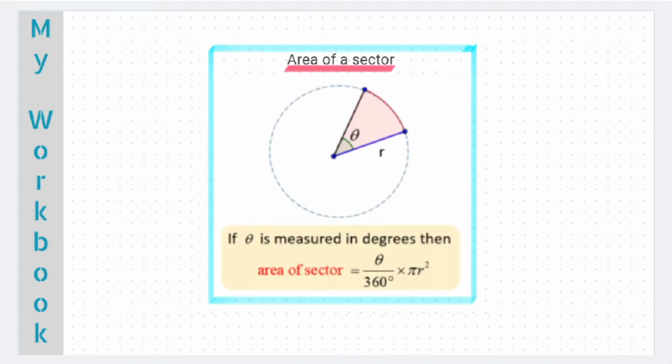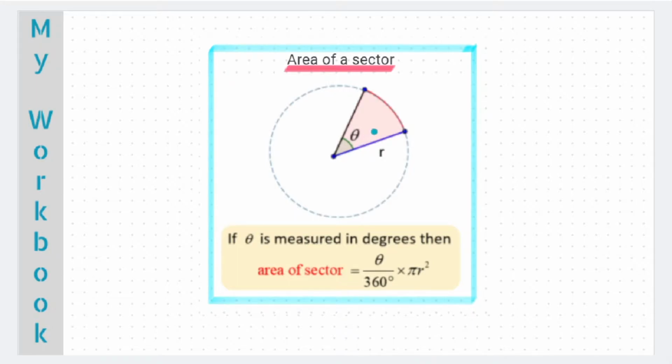Sector is a portion of a circle that is enclosed by two radii and an arc. So here the circle's radius is r and the angle made at the center by the two radii considered is theta. There are actually two sectors.